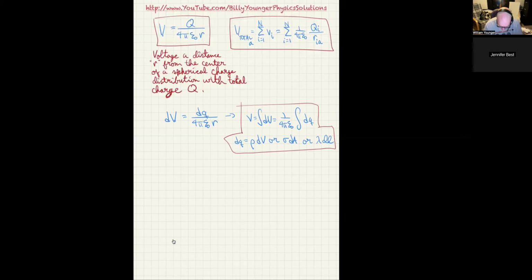I'm going to move to the next page to do the example. I'm going to start off drawing a coordinate system so you'll have some understanding of what we're dealing with, and I use a coordinate system that's a little different from what your book is choosing to use on a similar problem.